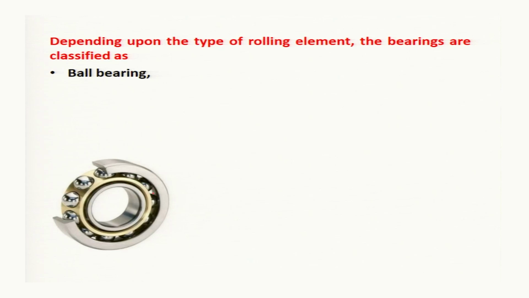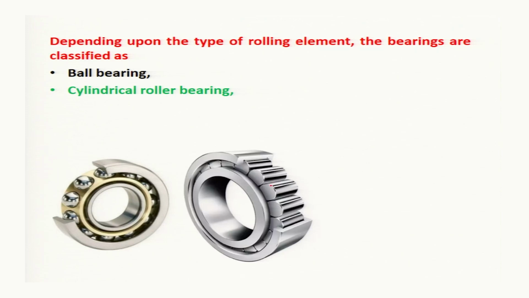Now, depending upon the type of rolling element, the bearings are classified as ball bearing, which is shown here. The balls are used. Balls means spheres are used. Then cylindrical roller bearing. You may say in place of a spherical ball, now we have a cylinder. Cylinder, it means it will have a certain diameter and certain length like this.